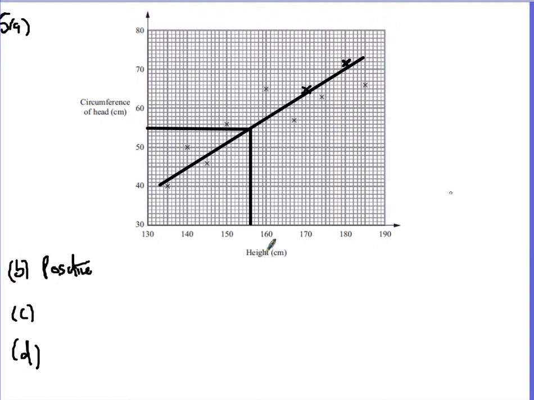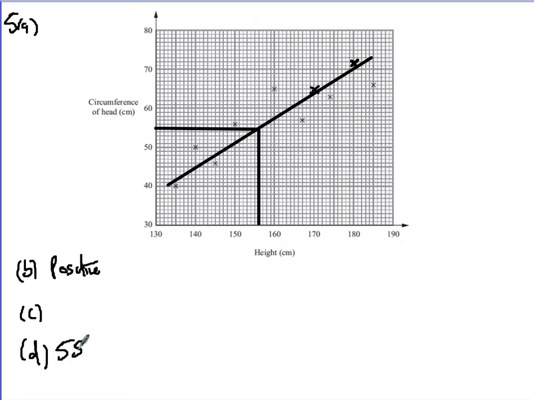So 55 centimeters is my prediction. They are allowing from 52 to 60 on this question, so quite a big range there to get it into.